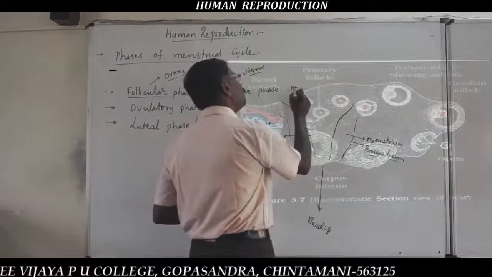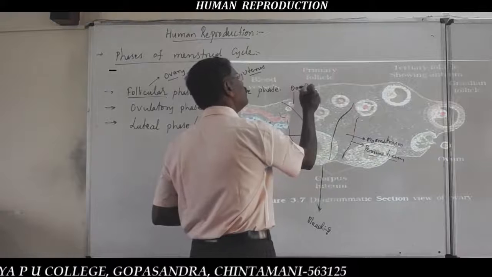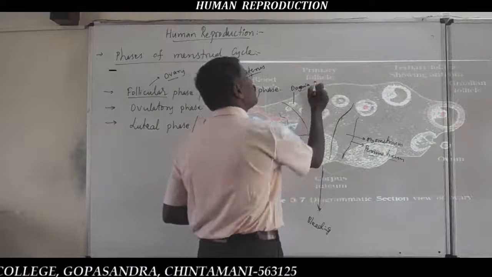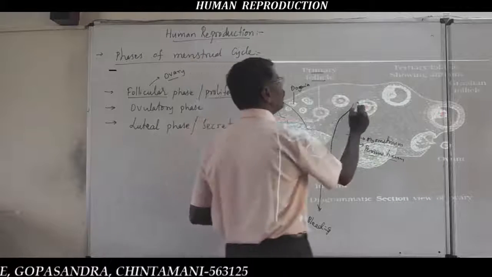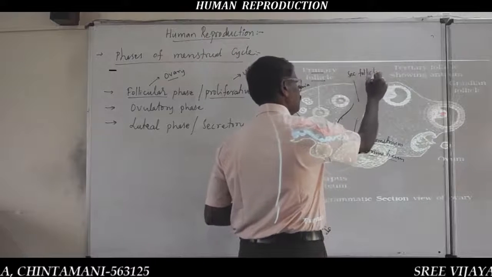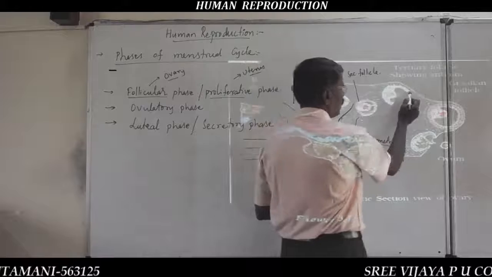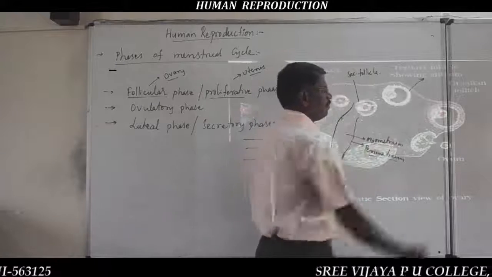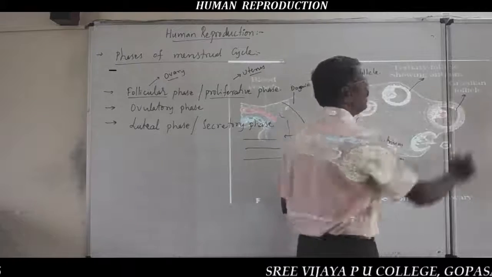these are the oogonia. It is the primary follicle. It is the secondary follicle. It is the tertiary follicle. It is the Graafian follicle.